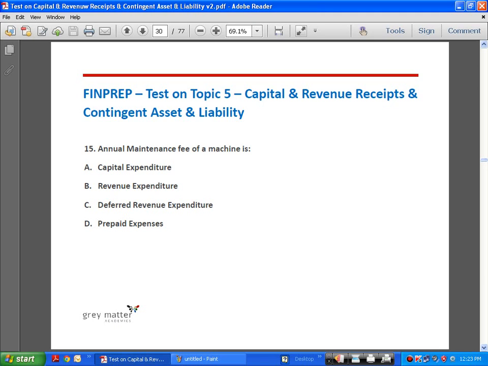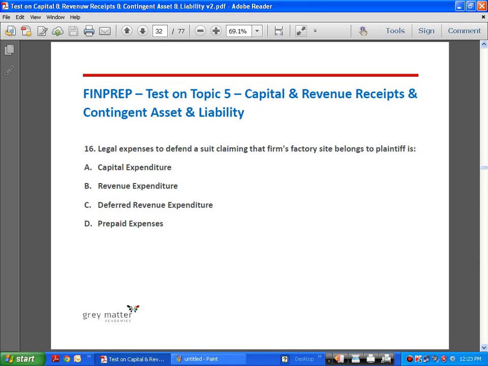But the purpose of this annual maintenance contract is that the machine or the asset will be repaired regularly so that it works without any hassles and its present earning capacity is maintained. Okay, so since it is an expenditure which is incurred in order to maintain the existing running condition of the asset, it is a revenue expenditure.